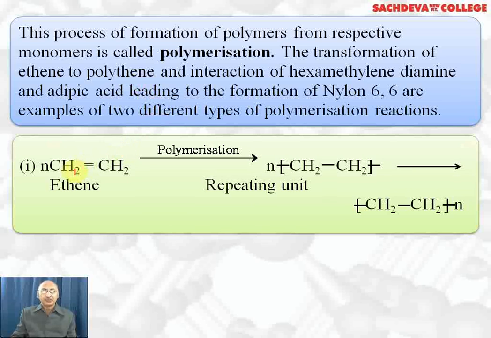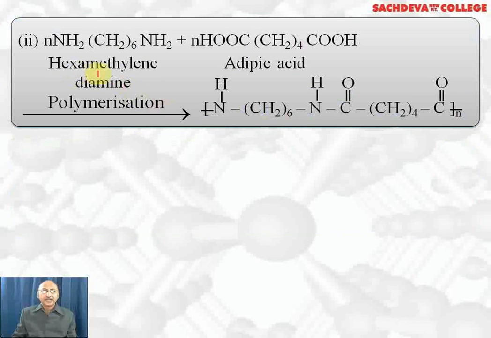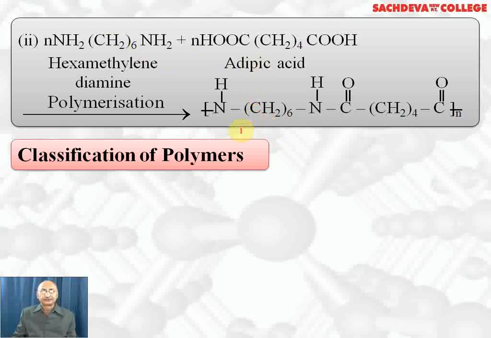For example, a large number of ethene molecules get polymerized and result in the formation of polythene. And a large number of hexamethylene diamine and adipic acid molecules condense together and result in the formation of nylon 6,6. Nylon 6,6 means that both the monomers have 6 carbon atoms.